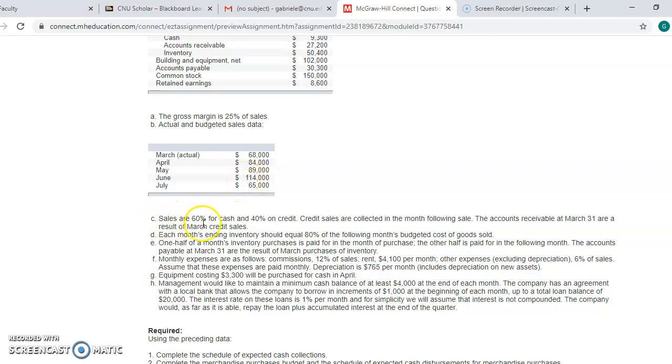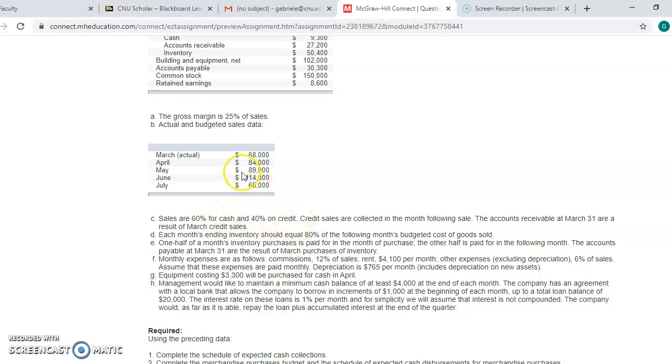So, sales are 60% for cash and 40% on credit. So, 40% of the 114,000. Let me make sure this is right. 114,000 times 40%. Yep, 45,600. So, these are the June sales. 60% were in cash, 40% are still accounts receivable.